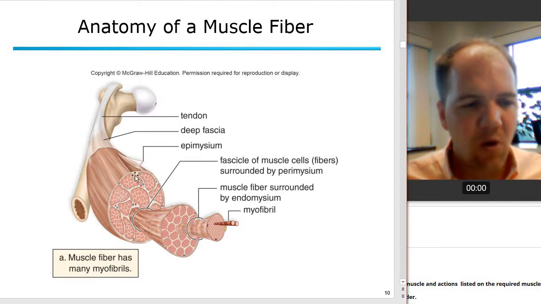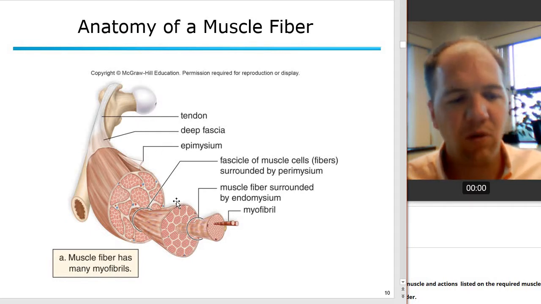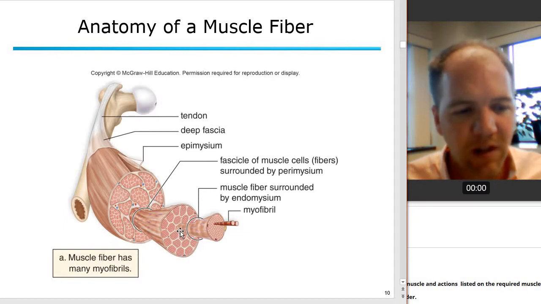Now, if we were to open up that muscle, we would see that the muscle itself is made up of bundles of muscle fibers called fascicles, and each fascicle is surrounded by perimysium. So we have the muscle itself with epimysium, made up of fascicles surrounded by perimysium, and then within each fascicle, here they've taken the fascicle and blown it out towards you. Here's a single fascicle surrounded by perimysium. Within each fascicle we have these muscle fibers.